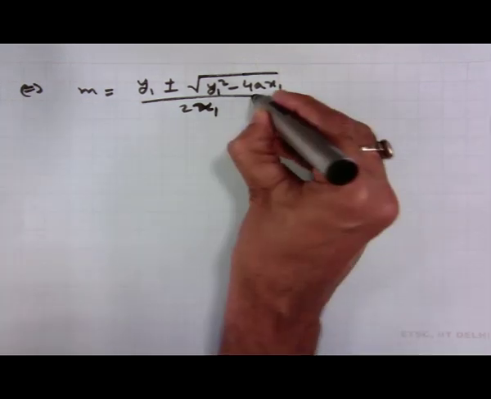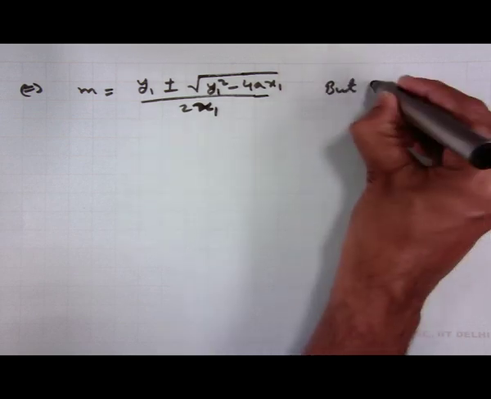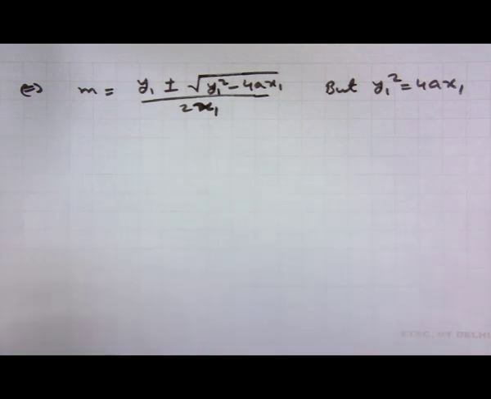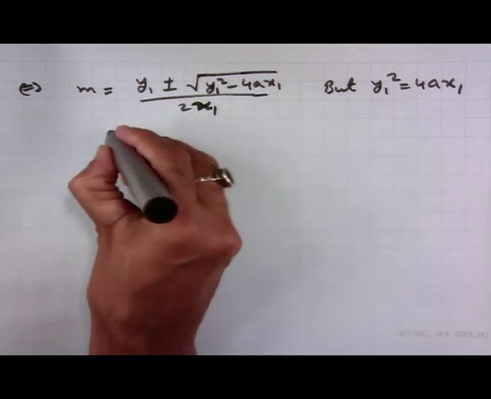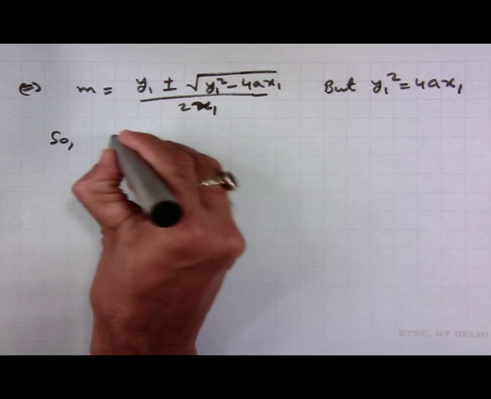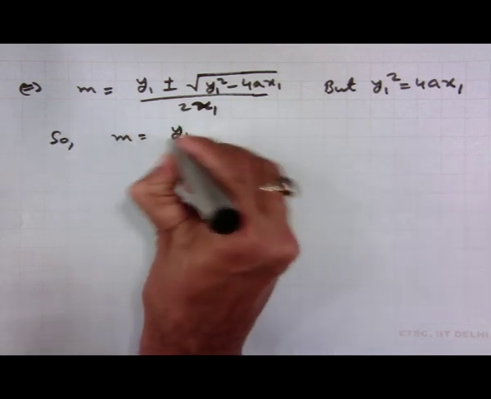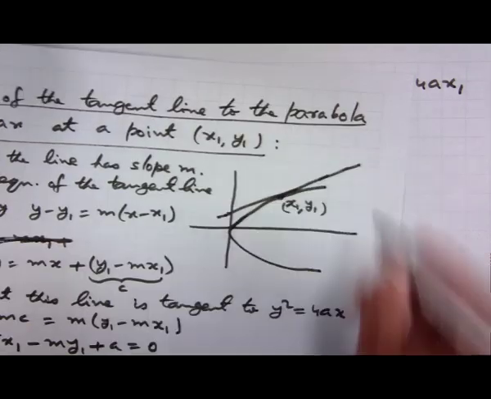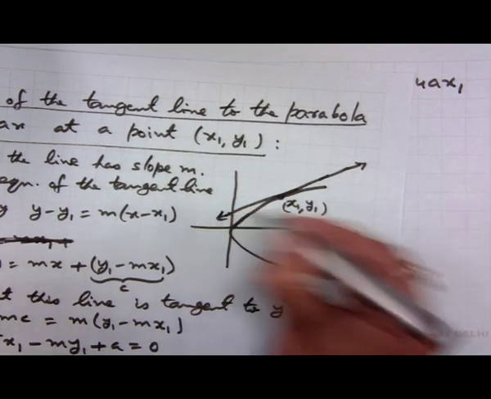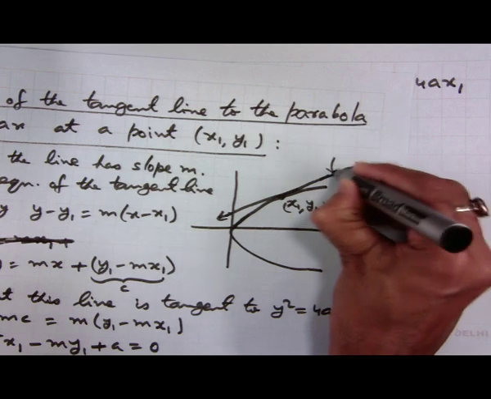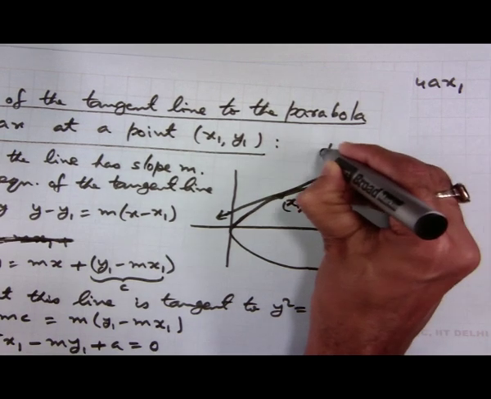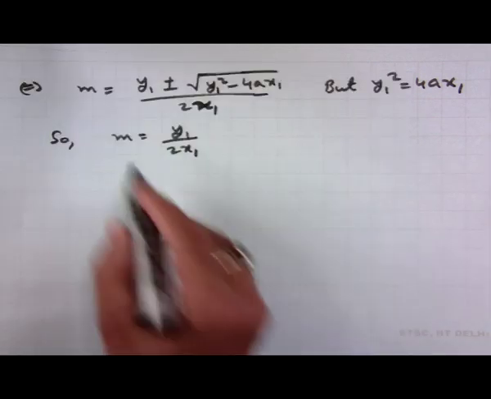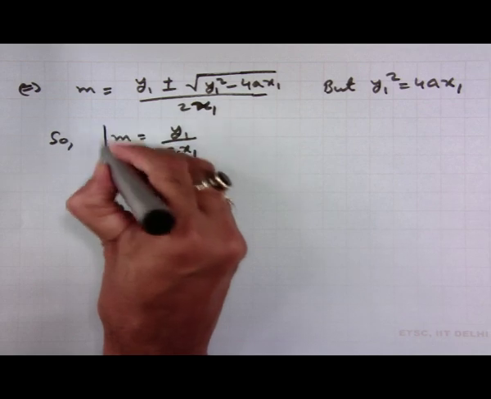But y 1 square is equal to 4 a x 1 because x 1 y 1 lies on the parabola. So, m is equal to y 1 by 2 x 1. So, the slope of this tangent line is m equal to y 1 by 2 x 1.